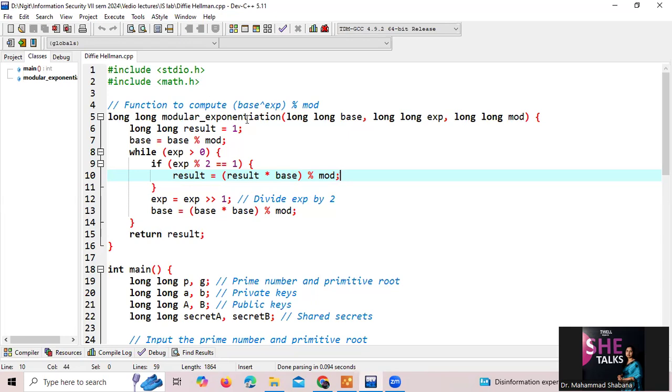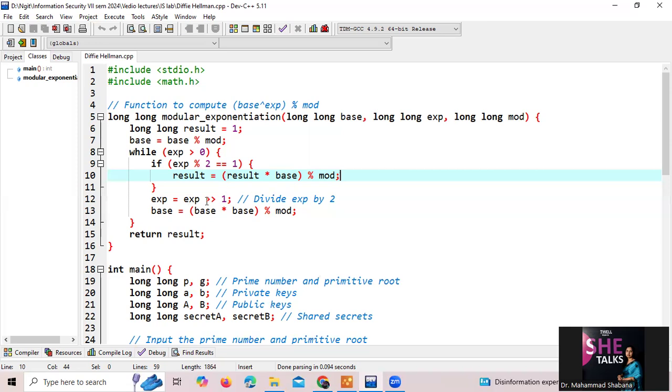Coming to the modular function, this function calculates base power exponent mod, using the exponentiation by squaring method. We ensure base is equal to base mod mod, which keeps the base within the range of the modulus. If exponent mod 2 is equal to 1, it multiplies the result by base.